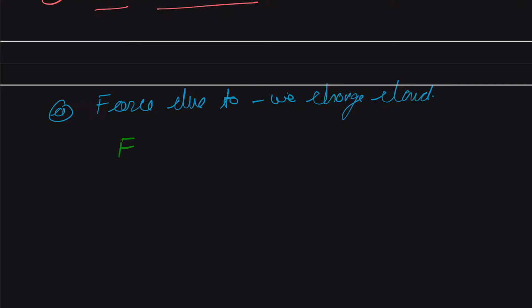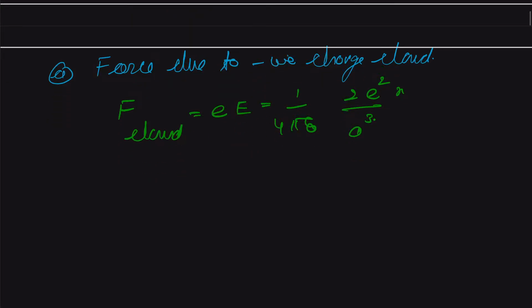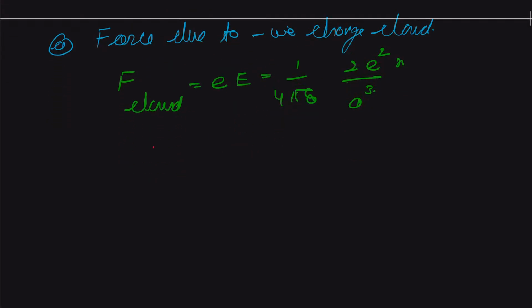F cloud will be equal to charge multiplied by the electric field, which gives us 1 upon 4 pi epsilon naught, 2e square, at a distance x, divided by a cube, and its direction will be towards the center.